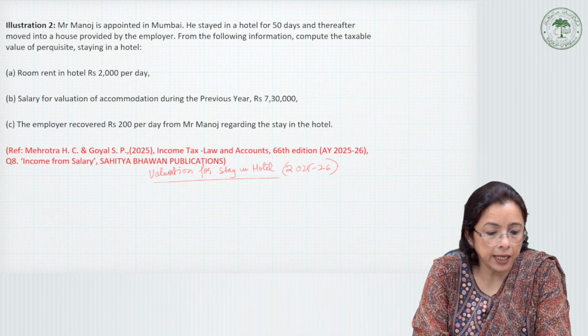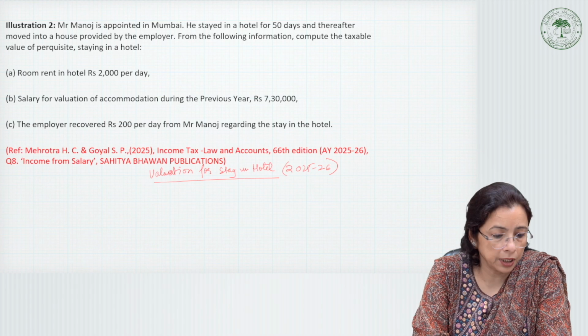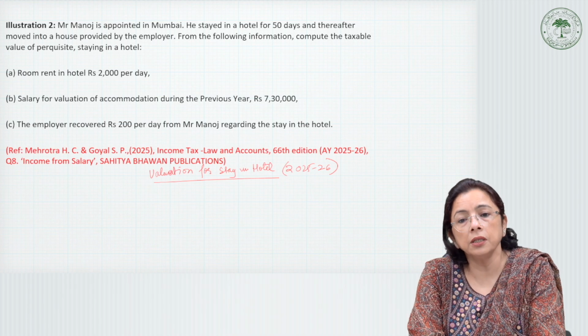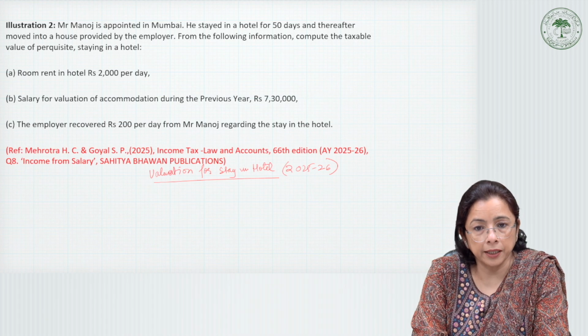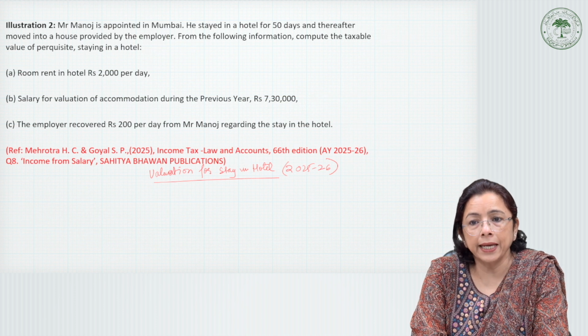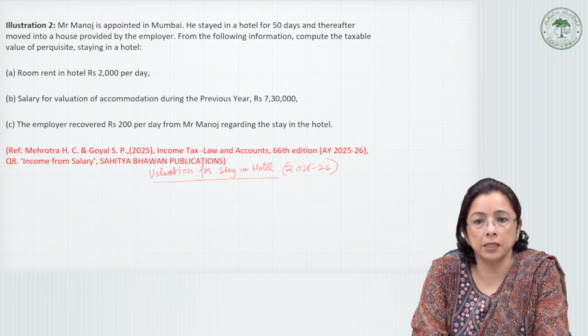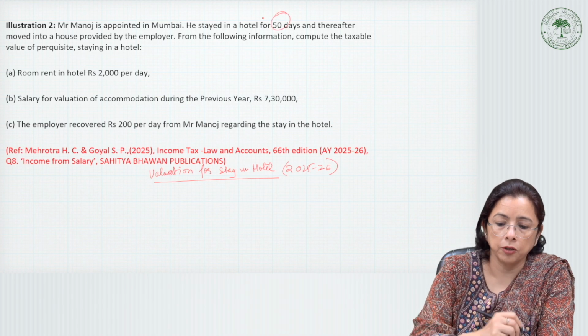Here they have already computed the salary for valuation of accommodation, that is rupees 7,30,000. He stayed in a hotel room for how many days? It is 50 days given in the question.